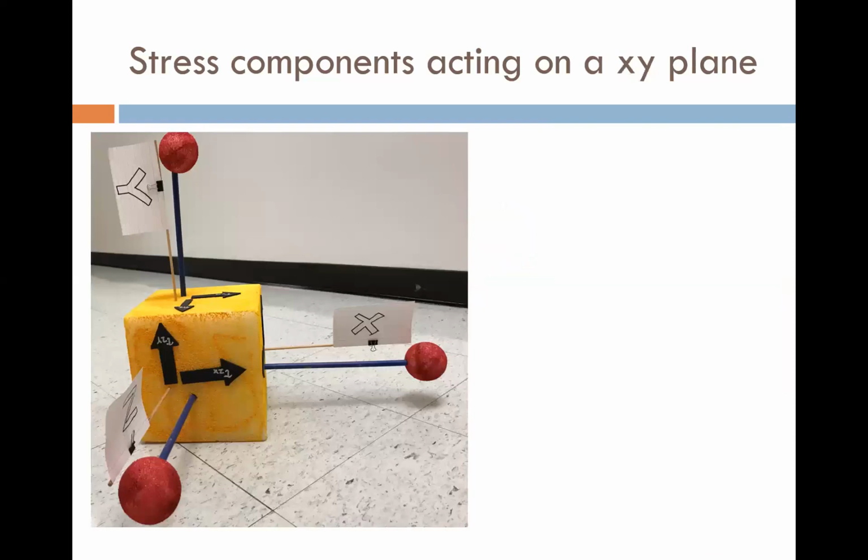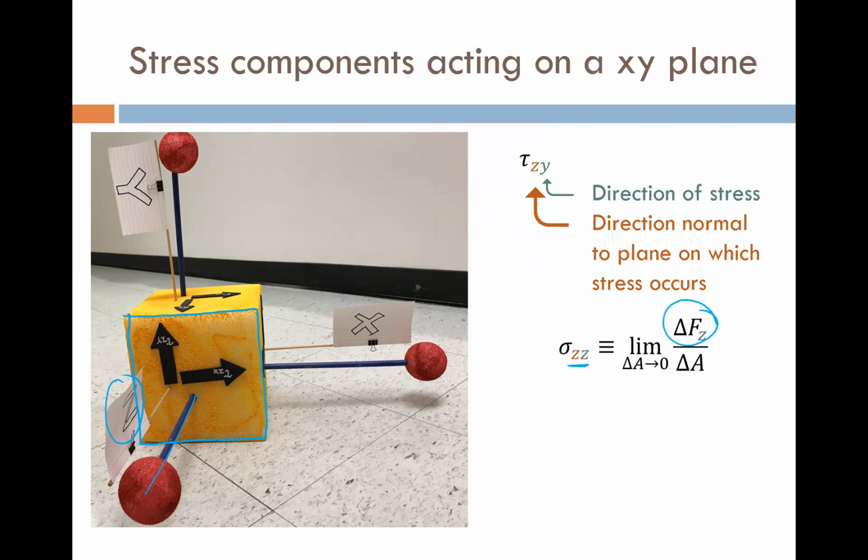And we can see similar things here when we have a plane that is in the YX or XY plane. Z then is the direction normal. So this is the normal direction to that plane. Therefore, the normal stress, sigma, is signified by ZZ. Both the force and the normal direction are the same. We're looking at the force in the Z direction. And then our shear stresses, they're both acting on the Z normal direction.